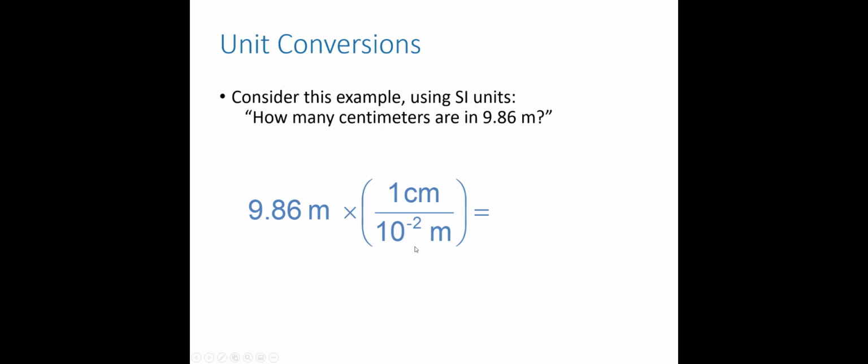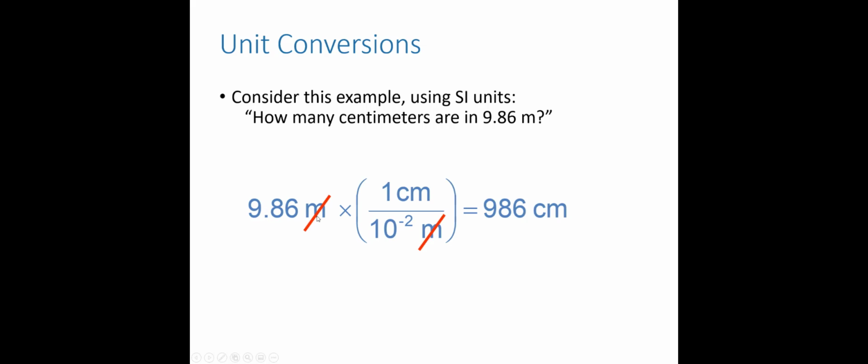So following the procedure that I just used a moment ago, I put 1 in front of the unit with the prefix, so 1 centimeter, and then what the prefix means on the opposite side. The centi means 10 to the minus 2 in front of meters. And there we cancel out our meters, and we're left with 986 centimeters as the answer.